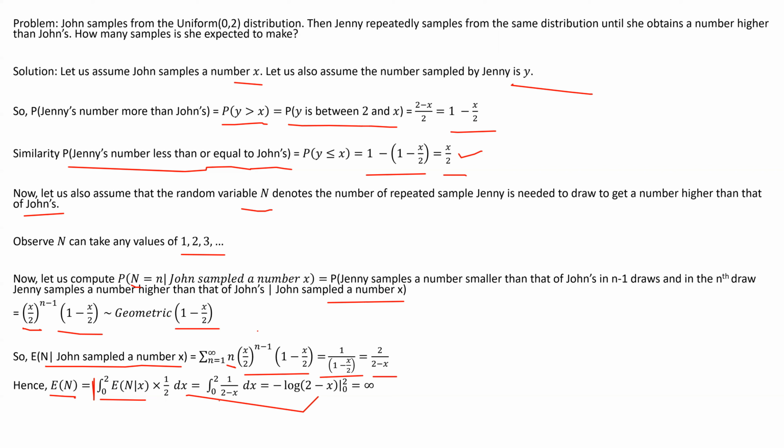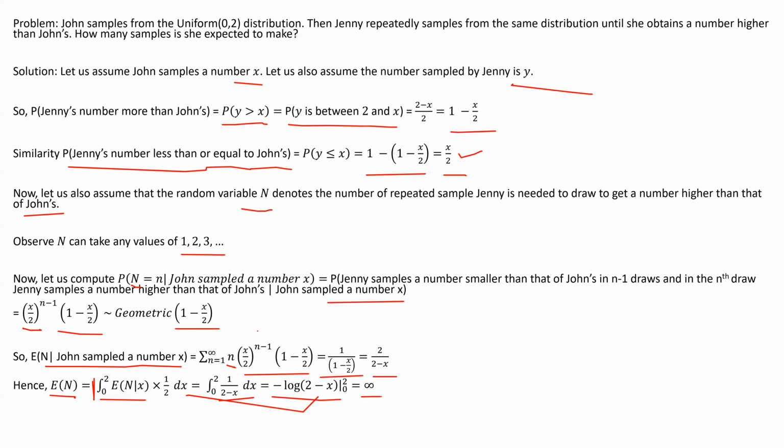This essentially becomes 2 by 2 minus x multiplied by half, which resolves into 1 by 2 minus x dx, integration from 0 to 2, which is just minus log of 2 minus x, with the range of the values 0 to 2. And if we put in the values, this particular number becomes infinity.